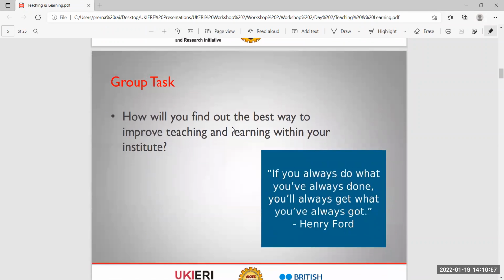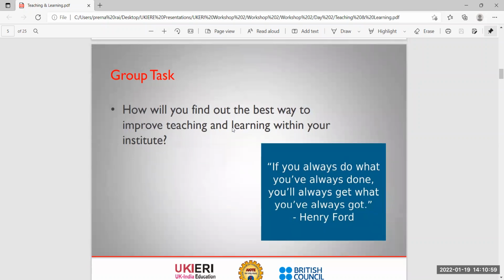Now what I want you all to do, not in group, you can do it individually. You can write it down with pen and paper. I'll give you just 5 minutes. Find out the best way to improve teaching and learning within your institute. Can you answer this question?